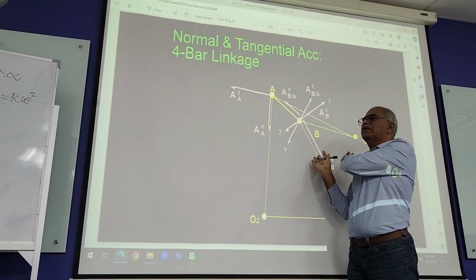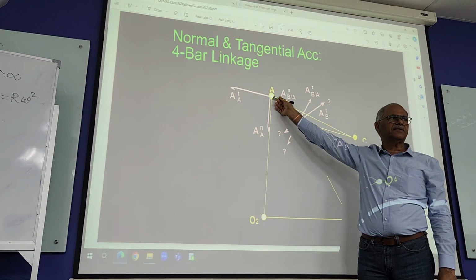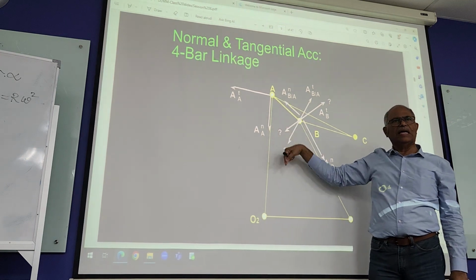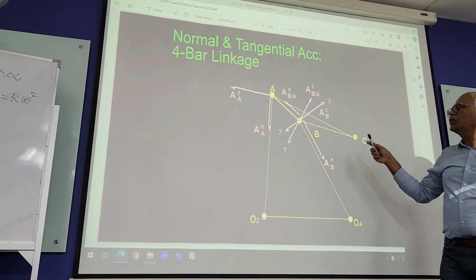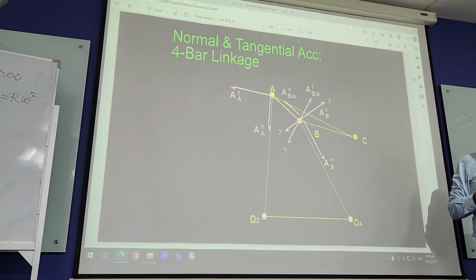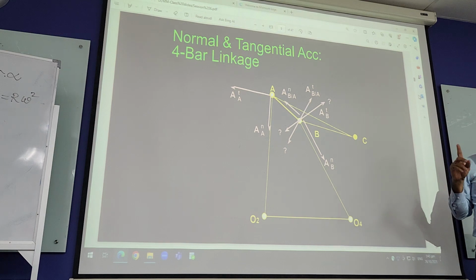If the link is rotating the other way, the tangential component will change direction, it will be in this direction, and the normal will still be in the direction of the link. So once you start the acceleration analysis, you know all the velocities. That means you know the magnitude and direction of all the normal components.